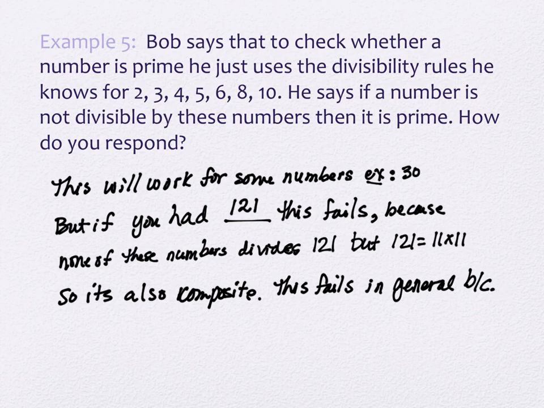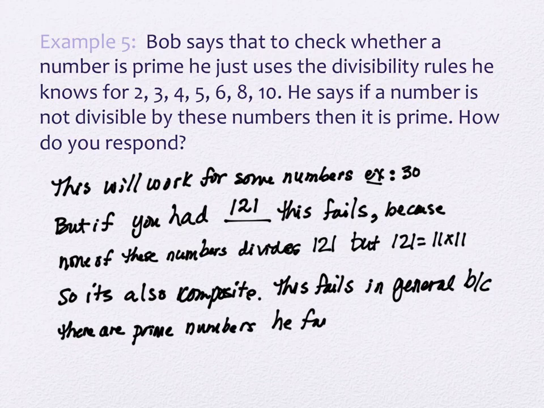So because there are prime numbers, he fails to check. It's interesting on this too because he's actually checking things that are not really helpful to check too. Did you notice that? There, he fails to check it.